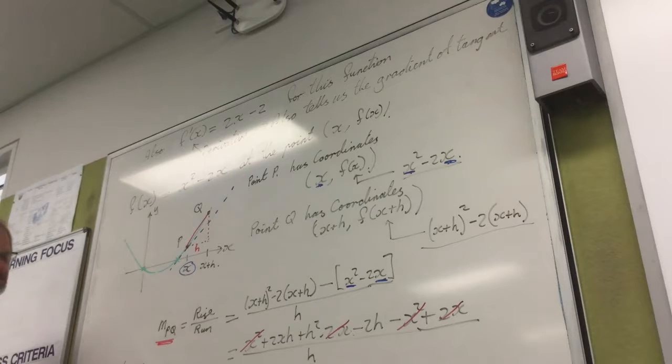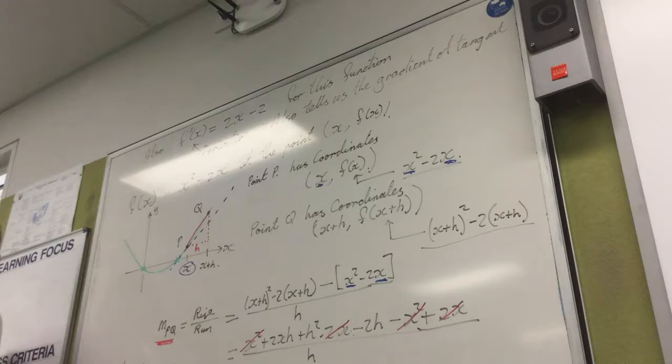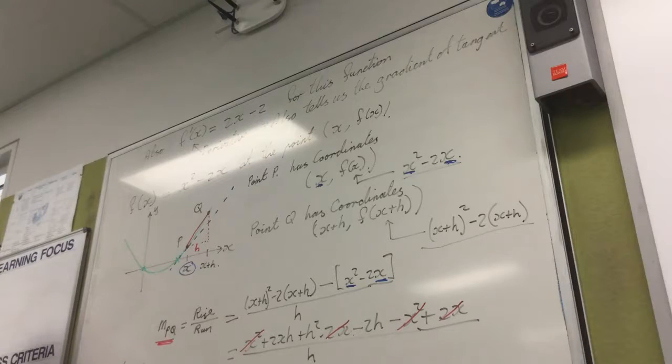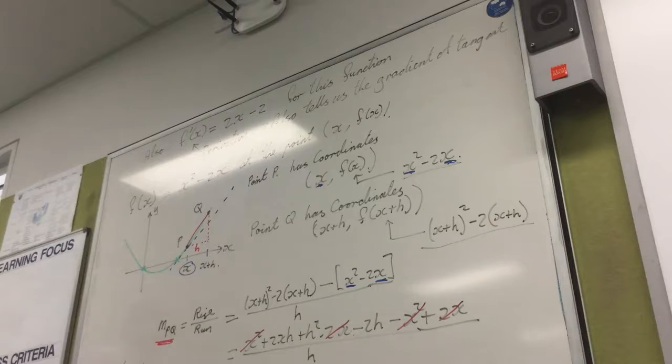And this will allow us to figure out what it is. So if x equals 0 here, the gradient of that tangent, put 0 in there, minus 2. The gradient's minus 2. Over here at 2, put 2 in here, 2 twos are 4, minus 2 is 2. Not too bad.